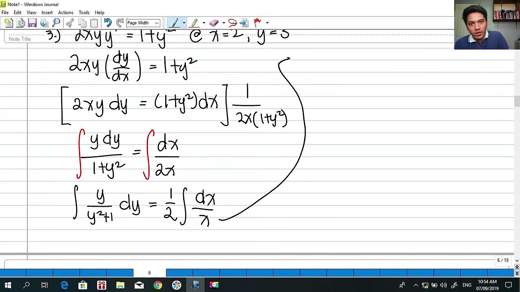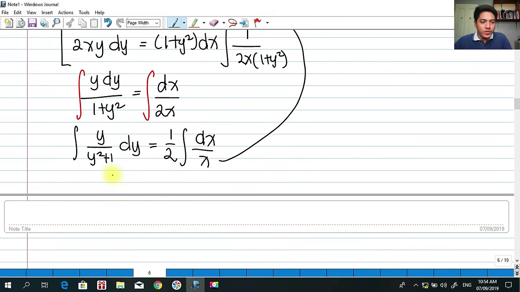How do we integrate this? Here we can use u substitution. Let u be y squared plus 1, and du with respect to y is 2y dy, so I have an available y dy here. But I have to offset the 2 here, because du is actually 2y dy, so I have to correct it by a correction factor outside of the integral, 1/2.